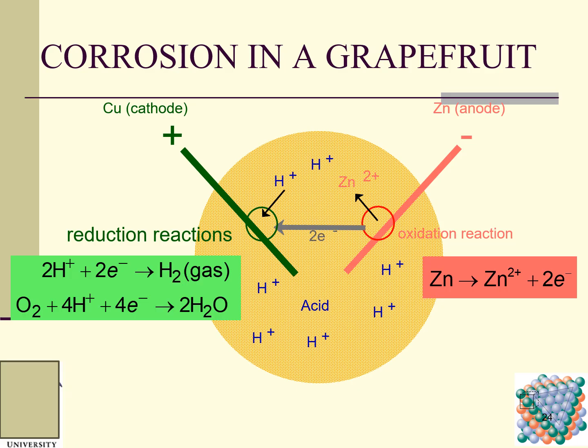Reduction means deposition, and corrosion means that something is missing. So this one corrodes, it gives up electrons, and becomes an ion from an atom. The ion dissolves, and then at the reduction reaction, they acquire free electrons and become a gas or become water. So there are two possibilities.